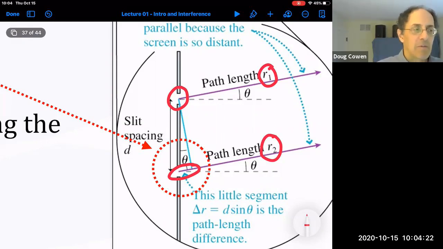Depending on the material, the wavelength that's emitted will be different. So if you send that light through a diffraction grating and look at the wavelengths you see on the screen, you can use that to chemically identify what materials produce the light.